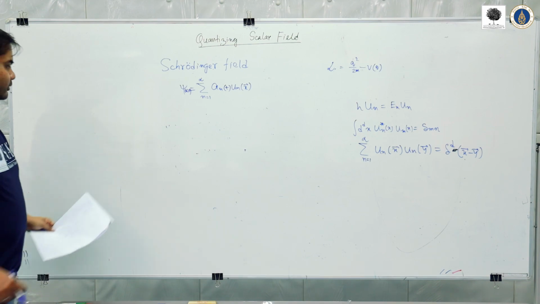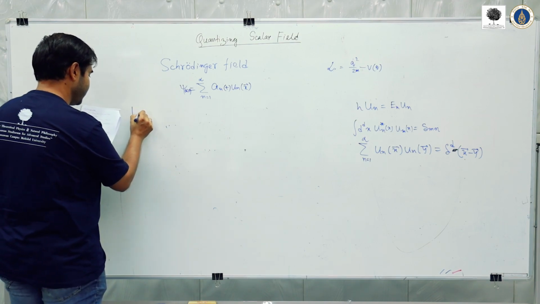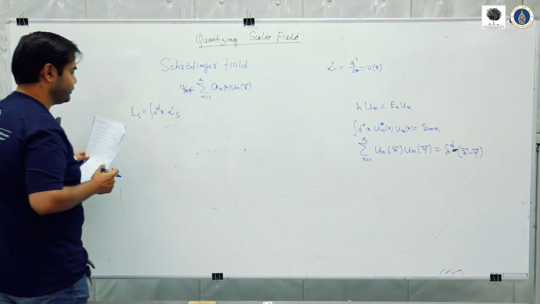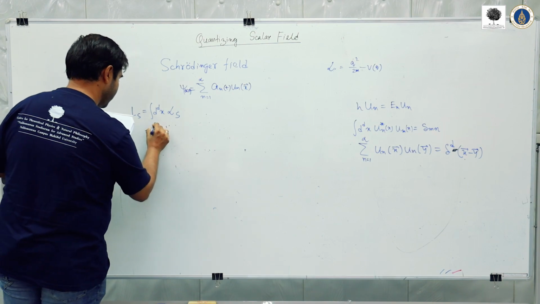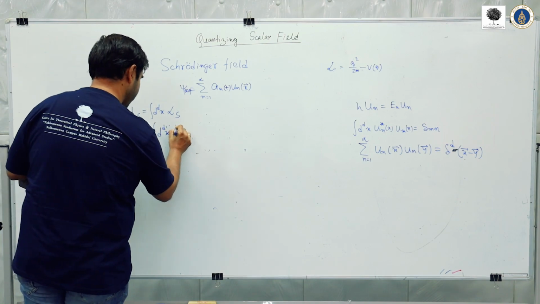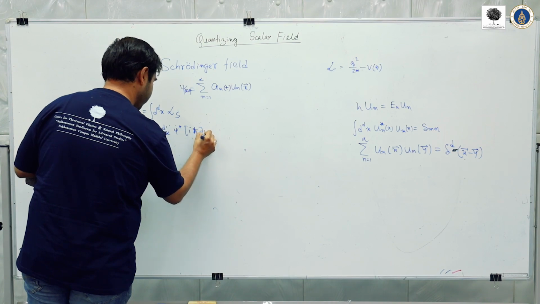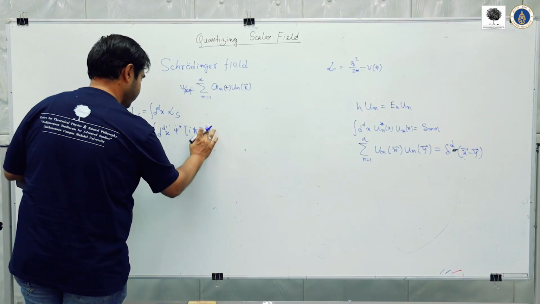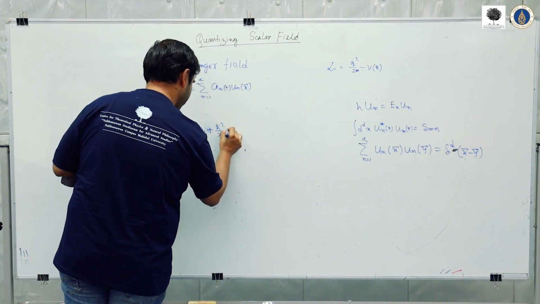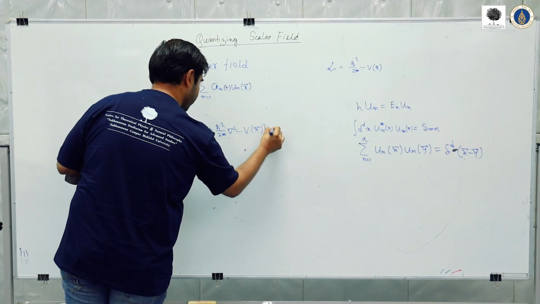If you just consider that, we can write down the Lagrangian that we wrote earlier. We wrote the Lagrangian density, so the Lagrangian will be the integral dx of the Lagrangian density: integral dx psi star times i h bar del t plus h bar square over twice m del square minus v of x, acting on psi.